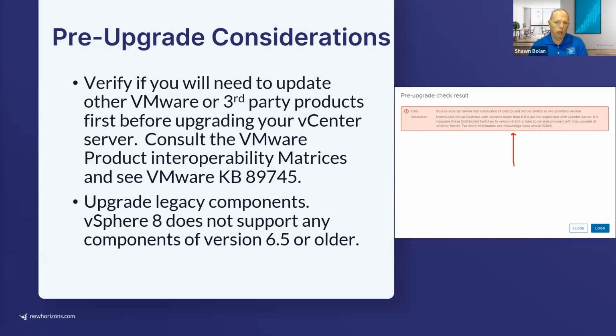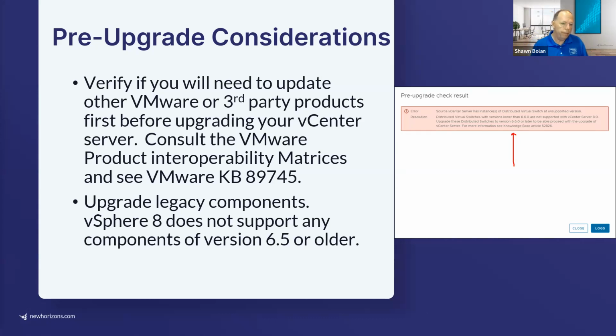Now, a couple of other pre-upgrade considerations. Our vSphere environment very often has links to other VMware products that we might be utilizing. So for instance, you're using vSphere, but you're also a Horizon customer, or you're also using some of the vRealize products, which have been renamed to ARIA products now.